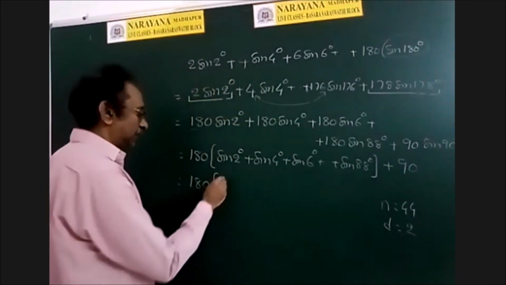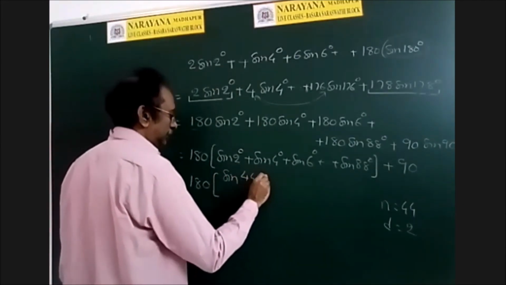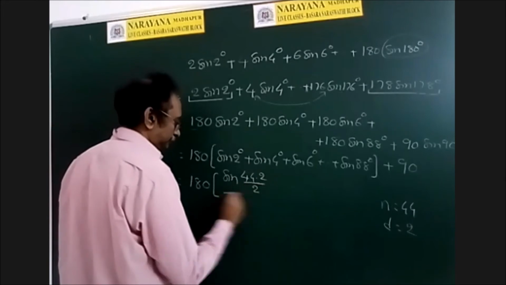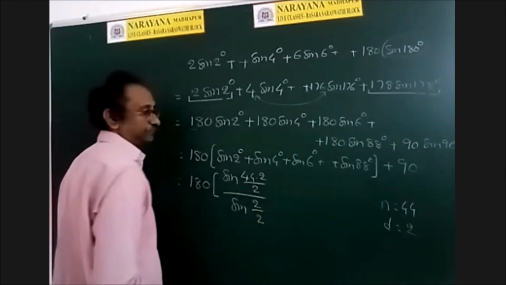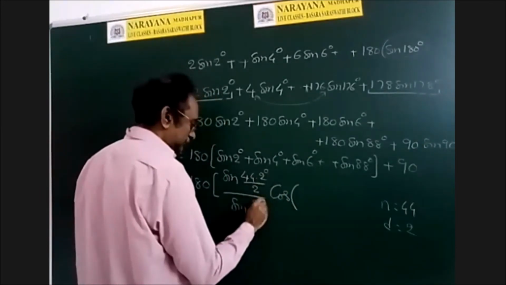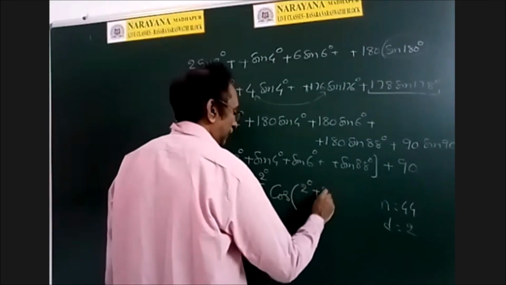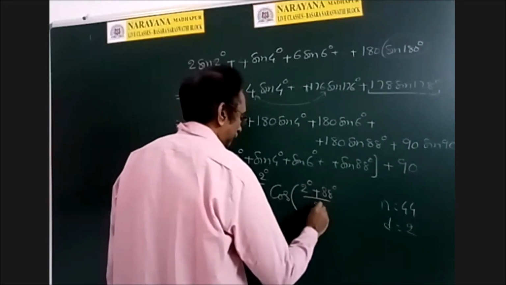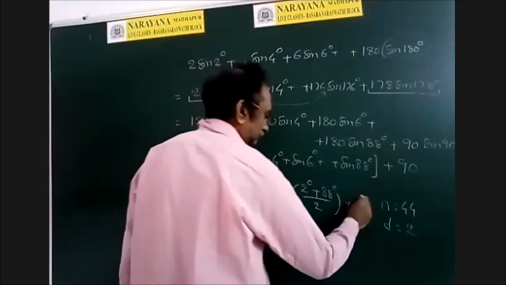Now we will write the formula: sin of n d by 2 by sin of d by 2, into sin of first term plus last term by 2, plus 90. Of course, this is in degrees.